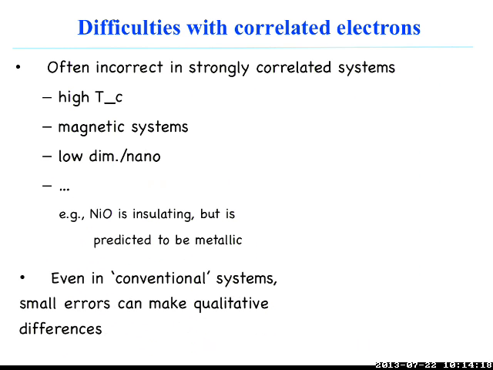Even in conventional systems where DFT has had a lot of success, small errors can make qualitative, sometimes differences if you want to really be able to carry out predictive calculations. And that's the goal here, is to be able to make predictions of materials' specific properties.